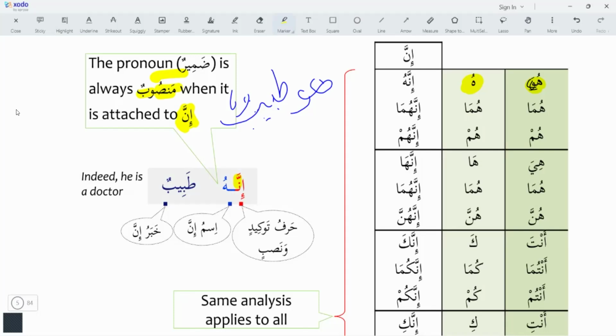This inna we will attach with the hu. Innahu tabibun. Indeed, he is a doctor. So this hu is damir and this is mansub.